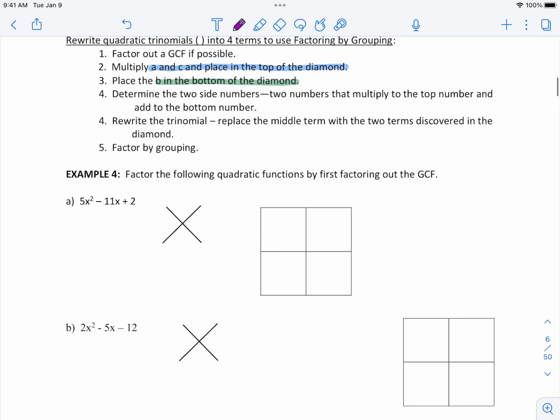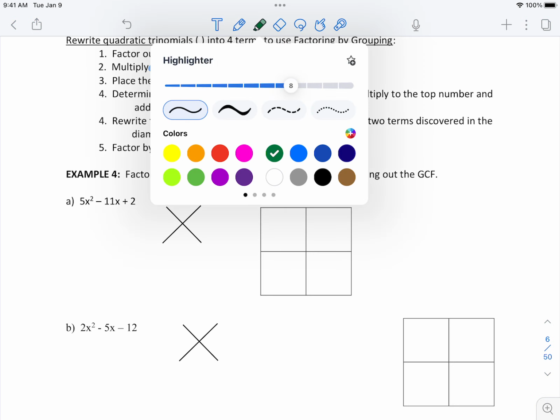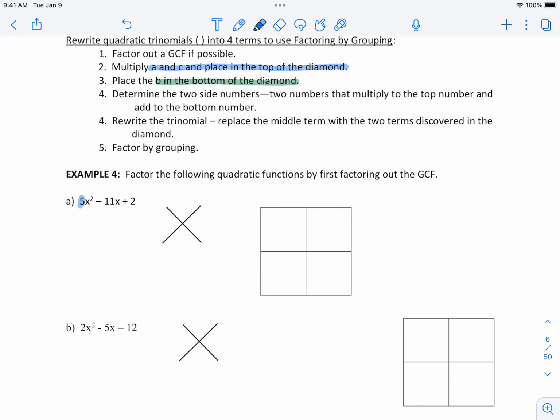We have 5x squared minus 11x plus 2. And so first we have to multiply our a and c. So if I look at my a and c, I have 5 and 2. If I multiply these, 5 times 2 gives me 10.